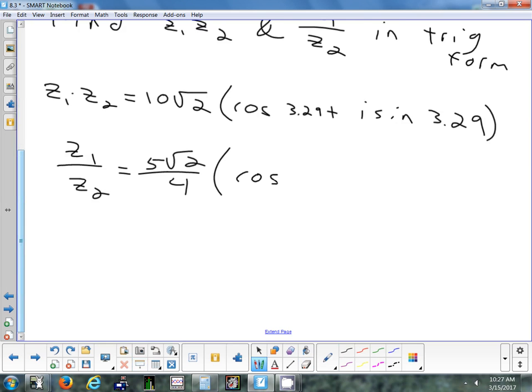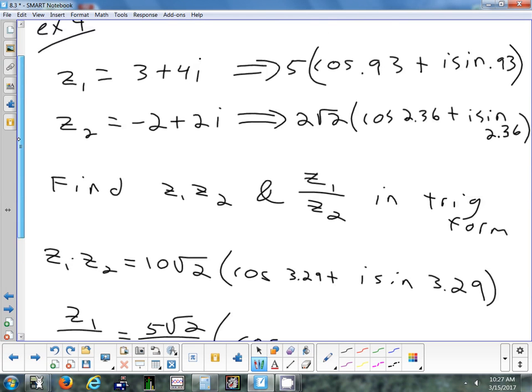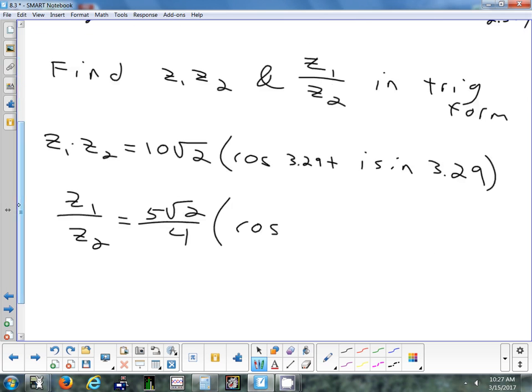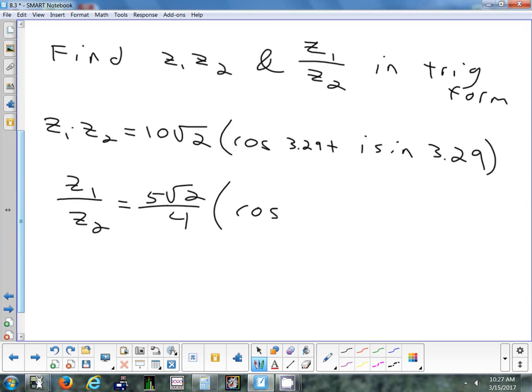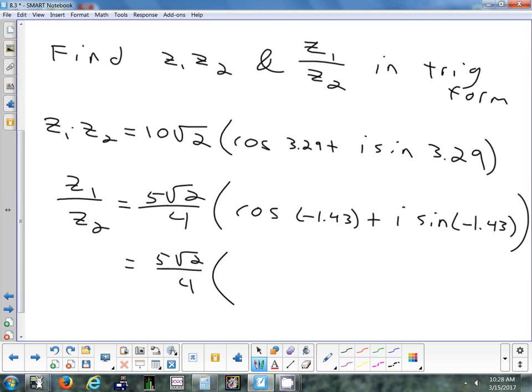Okay, cosine. What do I do with my angles this time? I'm going to subtract them. 0.93 minus 2.36. Now I got negative 1.43. And that answer is fine if the problem says you can leave your answer with a negative angle. But what's one way you can deal with a negative angle and make it positive?